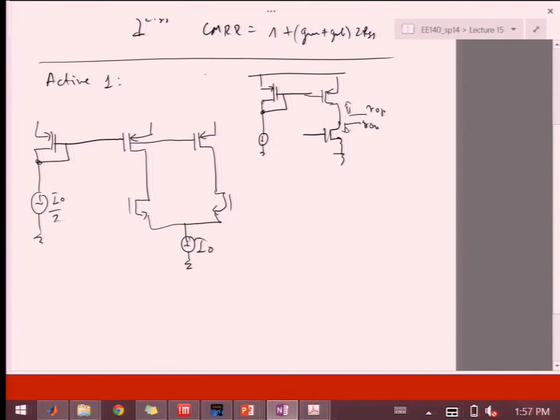Here we'll have to put I over 2, just because I'm mapping to each branch, right? Providing a reference for each branch. Nominally, when my input is not changing, I0 over 2 should flow through each one of these.